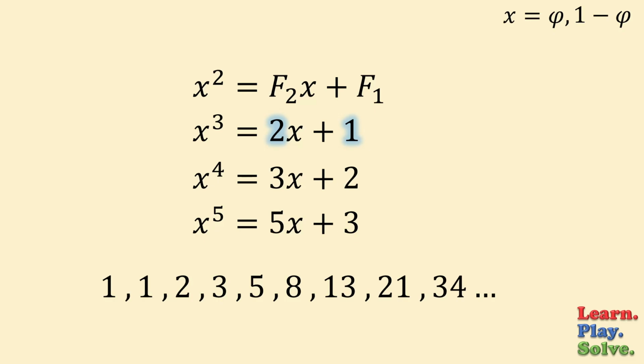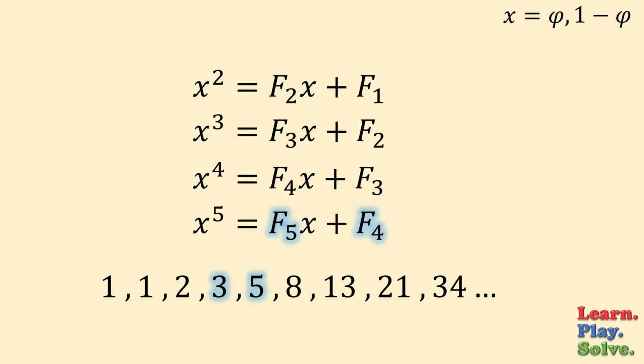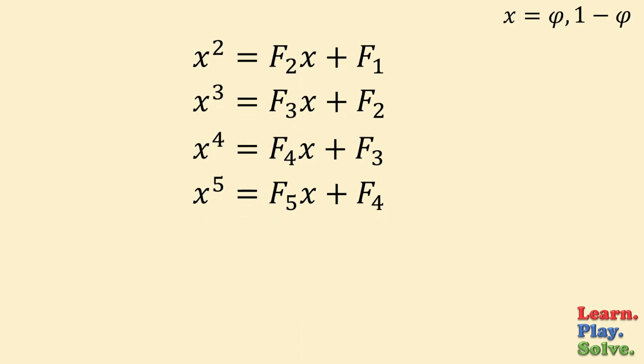The next equation, 1 and 2 are the second and third Fibonacci numbers, f2 and f3. 2 and 3 are the third and fourth terms, and 3 and 5 are the fourth and fifth terms. We really have enough information now to generalize this pattern, to predict what the next equation would look like.